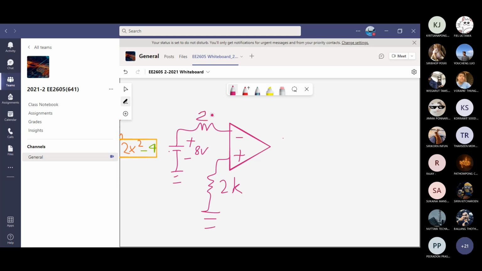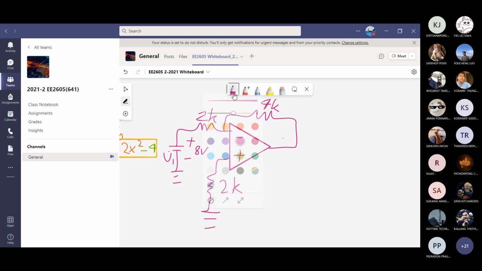Input resistor also 2K ohm, and I have to put a feedback resistor. Let's call this 4K ohm. This is input voltage V1.